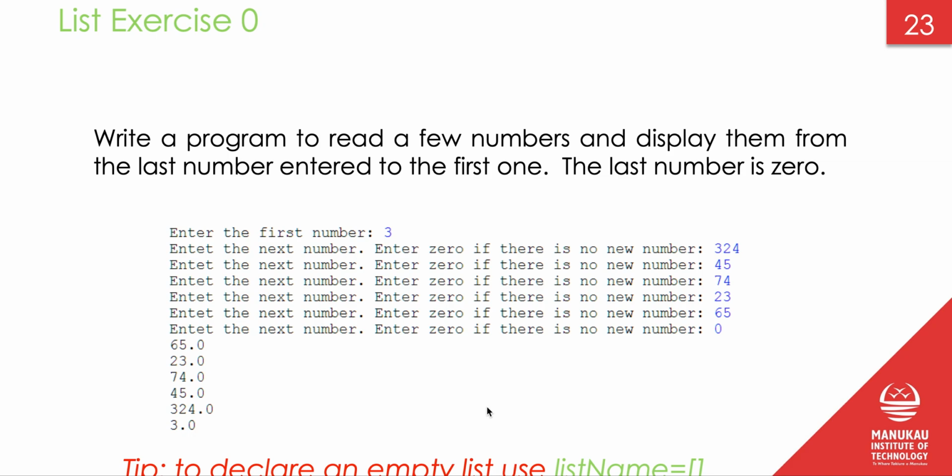With a for loop, we need to know how many numbers the user needs to enter. Because we don't know that in this case, we can't use a for loop. The option that we have is a while loop. So what we can do is, while the number that the user entered is not 0, keep asking for new numbers and keep adding them to the list until the user enters 0.